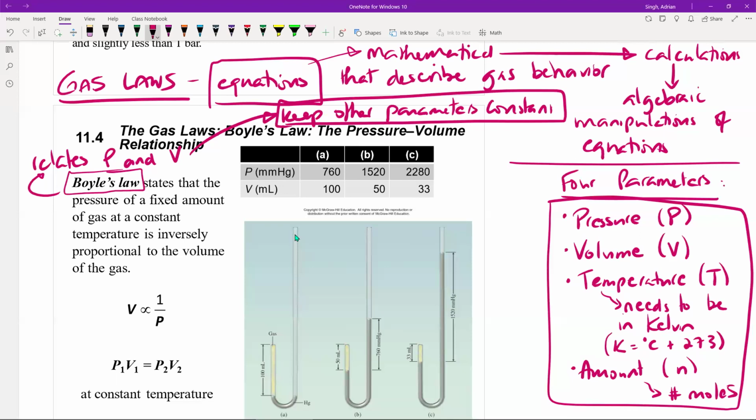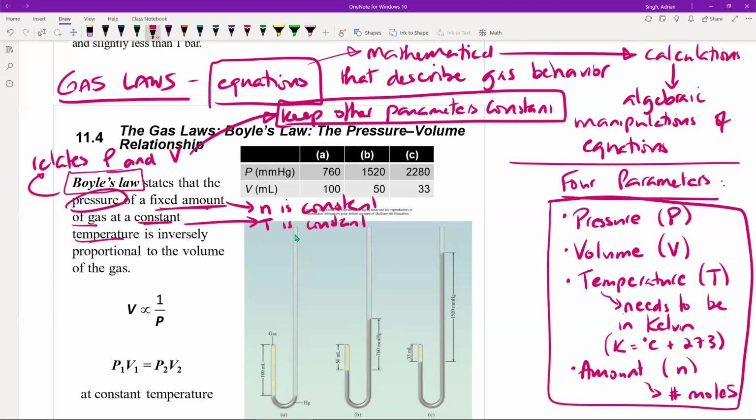What we can do is change either the pressure or the volume, and then observe the change that happens to the other thing. So Boyle's law says that the pressure, P, of a fixed amount of gas, so the amount N is constant, at constant temperature, so T is constant, we can ignore those.